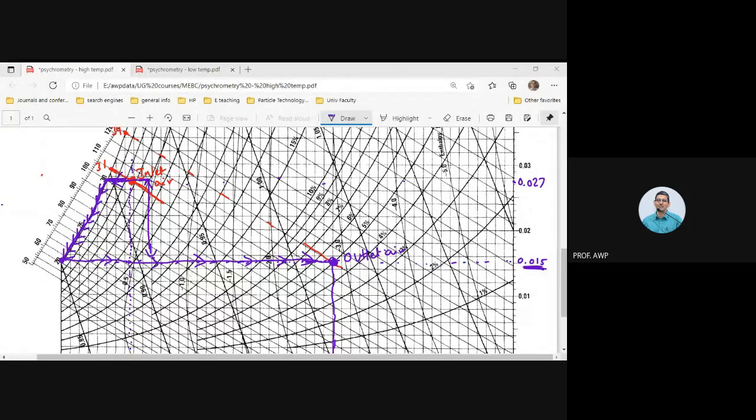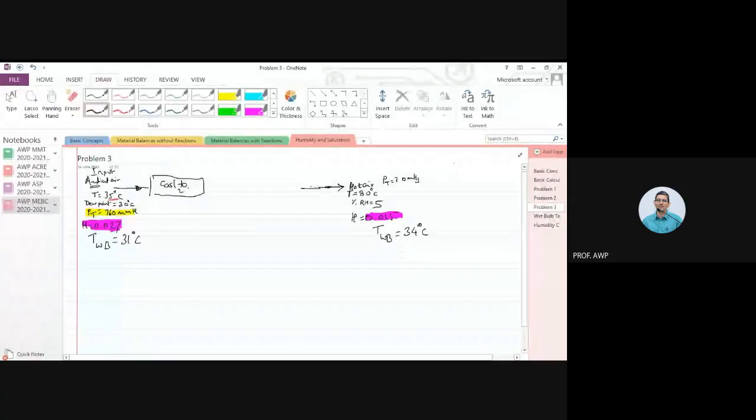So what we are going to do is, let's go back to our problem. What we will do is we will cool to 20 degrees centigrade, condense out liquid water, separate out that liquid water.